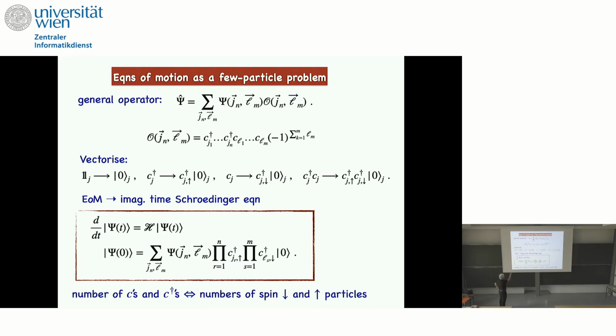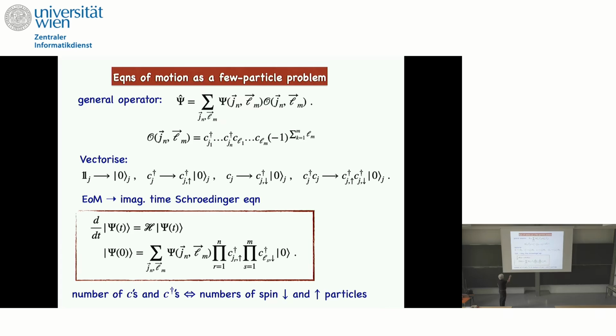Then the vectorization rules are like so. The identity operator goes to the fermion vacuum state. The fermion creation operator goes to the state where I have a spin-up fermion. The annihilation operator goes to the state where I have a spin-down fermion, and the number operator goes to this one here. Those are the vectorization rules. If you use these, the equation of motion, d by dt of an operator equals a superoperator acting on the operator, turns into an imaginary time Schrödinger equation, very appropriate here for the ESI.